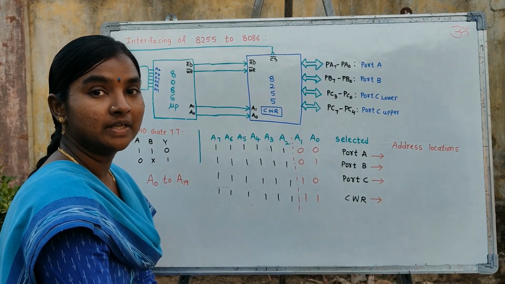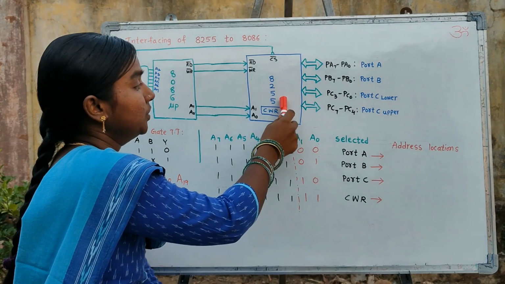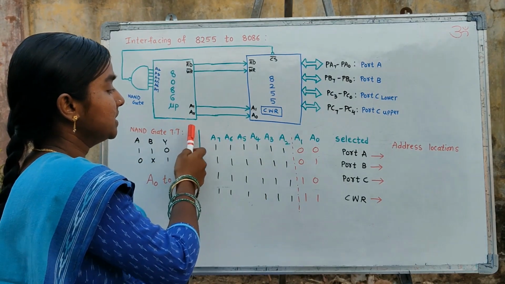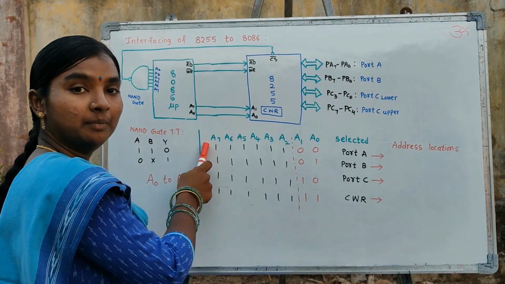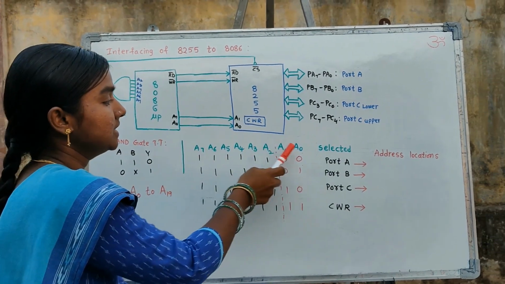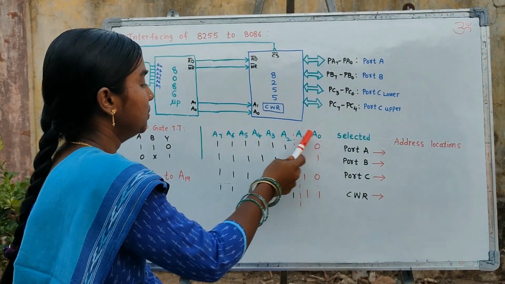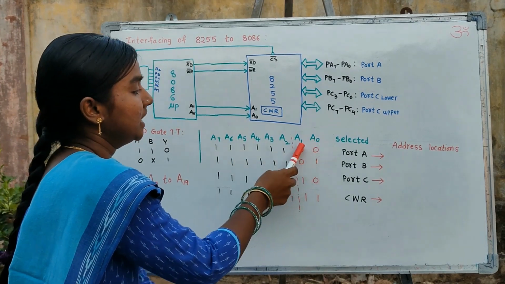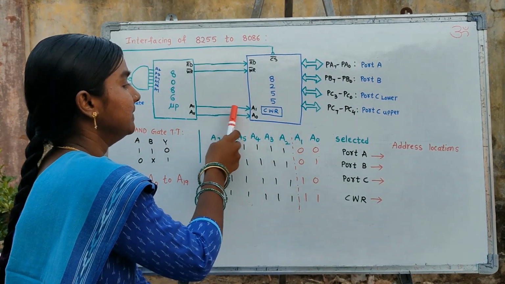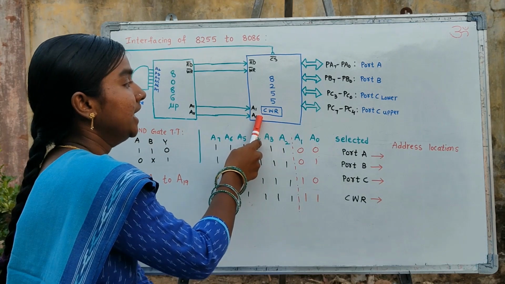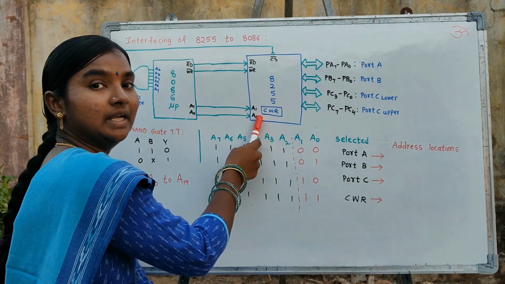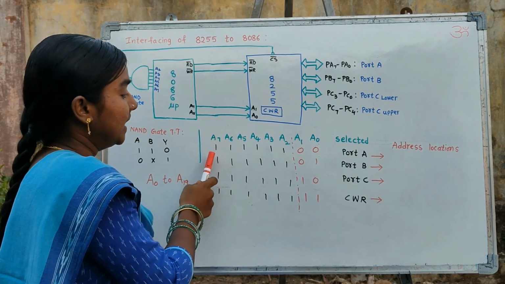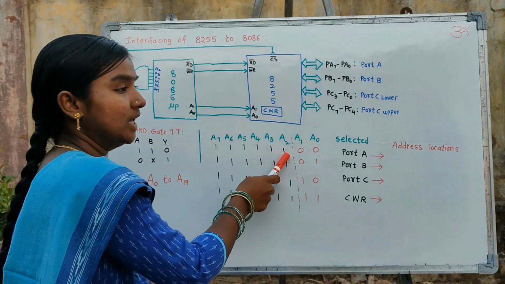Here I am considering an 8-bit port address, so the address lines are from A0 to A7, that is 8 address lines. A1 A0 is already interfaced with A1 A0 of the 8255, and for address lines A2 to A7, I consider all logic values to be ones.